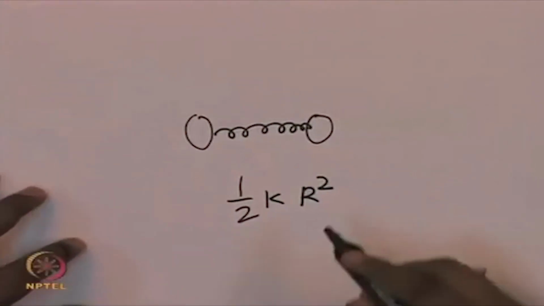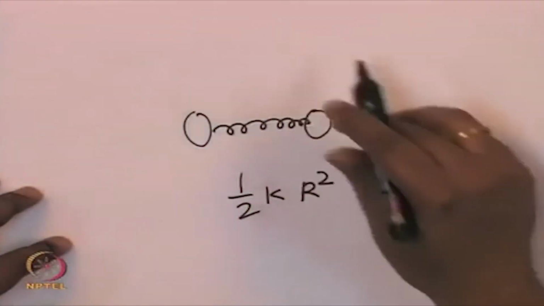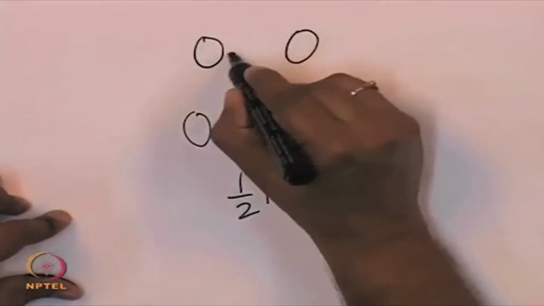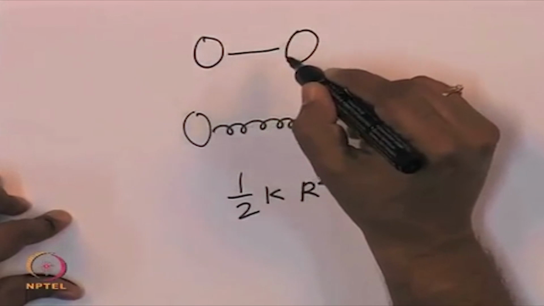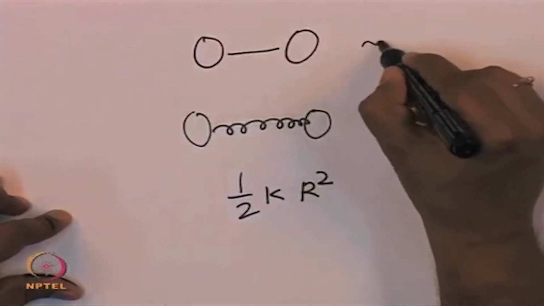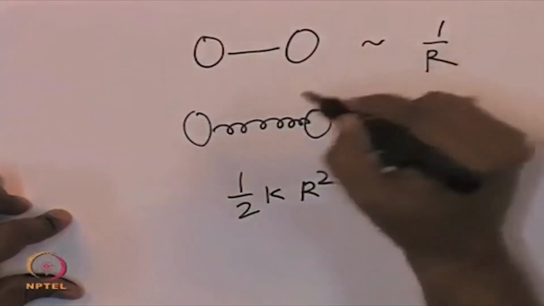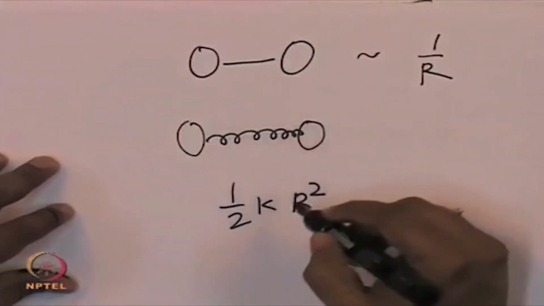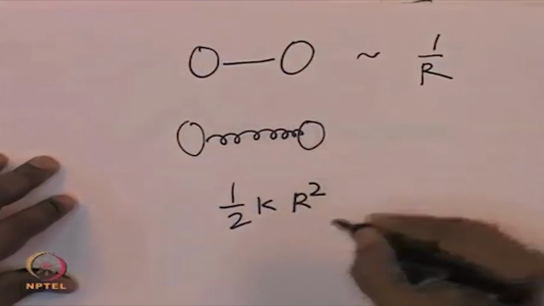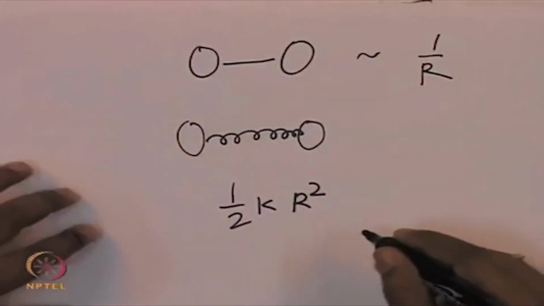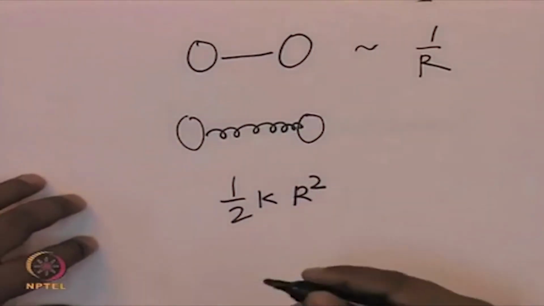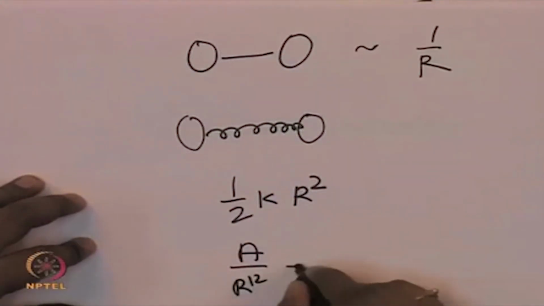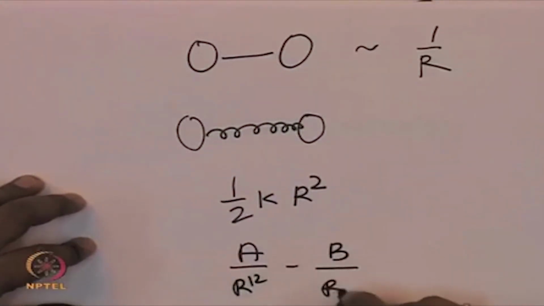If instead of this you have two charges at a distance r, we said that the energy is the Coulomb energy, which goes as 1 over r. In other cases you might have van der Waals interaction, where the interaction energy has a particular form, a over r to the power 12 minus b over r to the power 6.